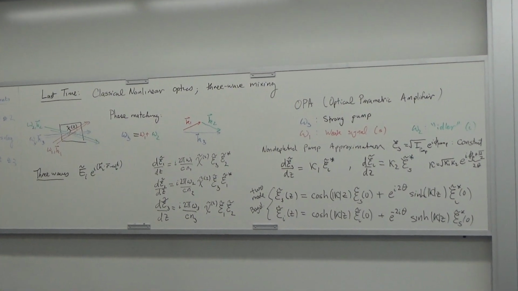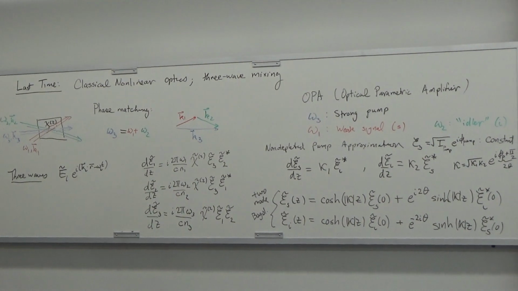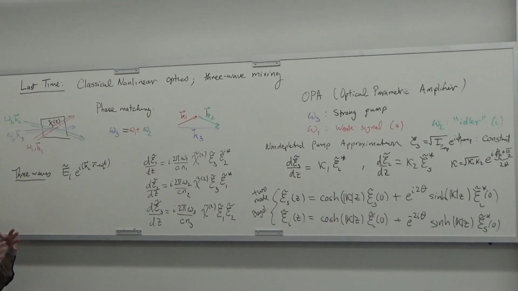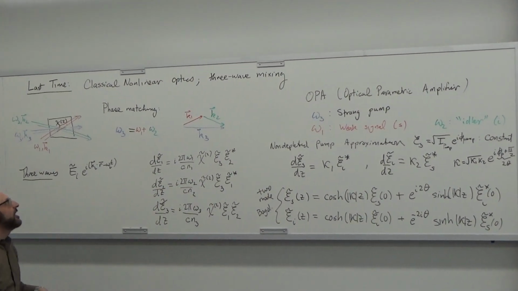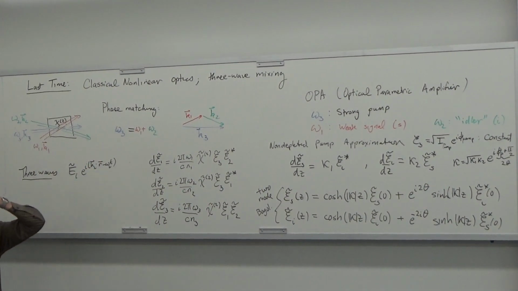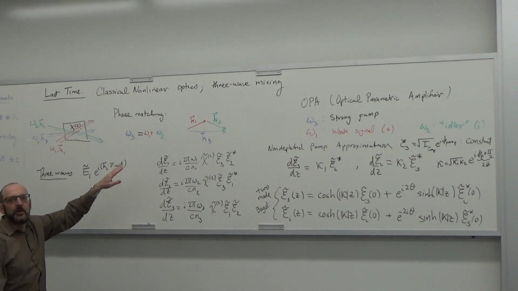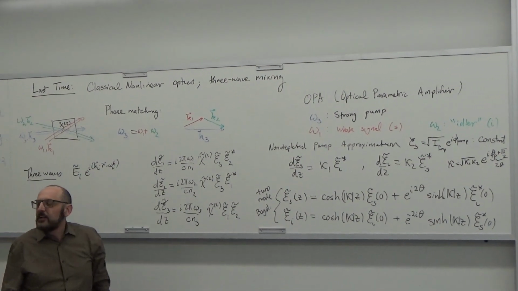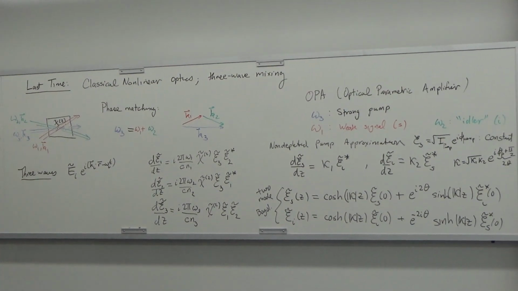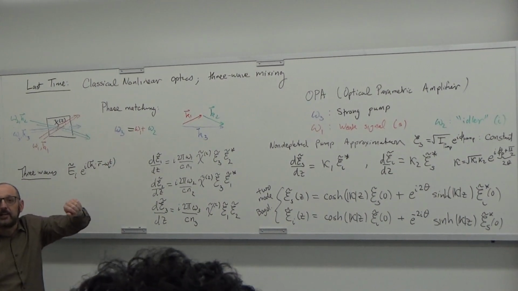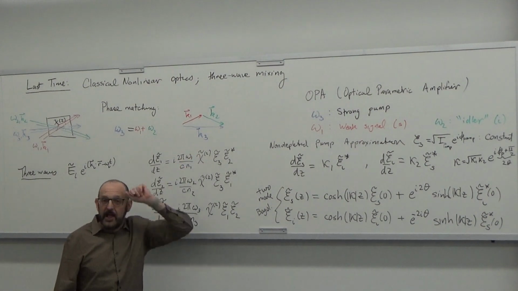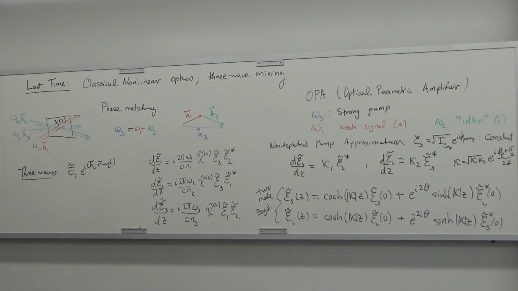And the particular processes that are resonant and that will amplify are the ones that satisfy the so-called phase matching conditions. So the three waves are chosen and aligned within the crystal such that for three frequencies, omega 1 and omega 2 add up to omega 3, and the wave vectors add up. Then we say that the process is phase matched.